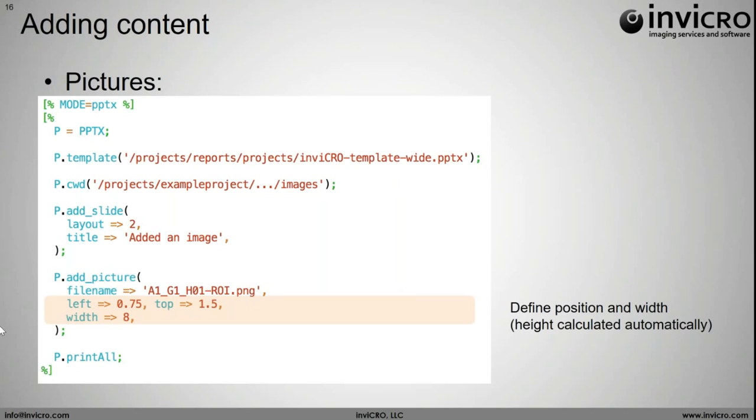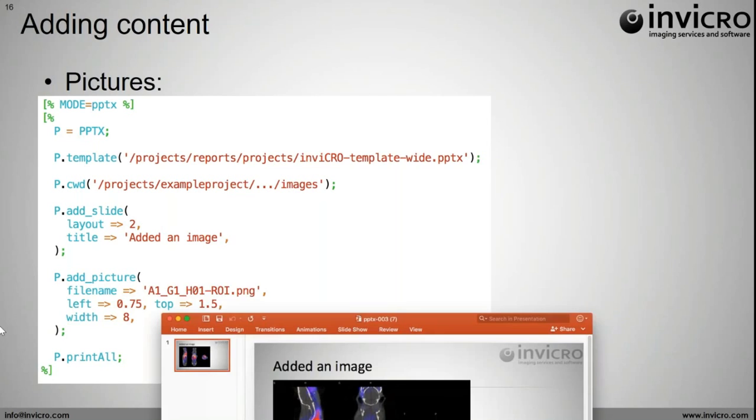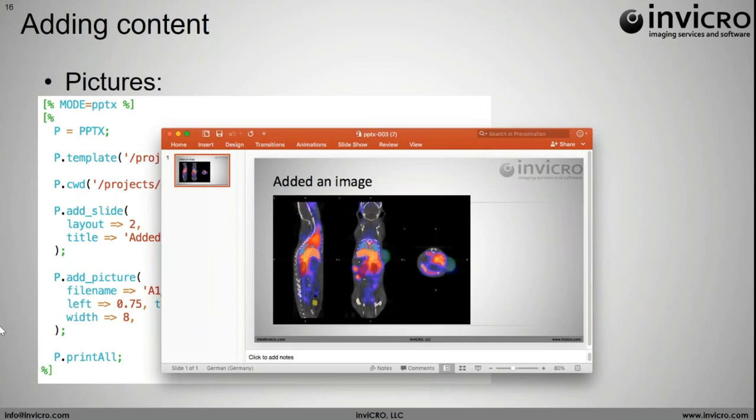And then we define the left and top position in inches, or you can also switch it over to centimeters if you prefer. We are flexible on that front. And the width, and then the output is something like this, depending on your input image, of course.